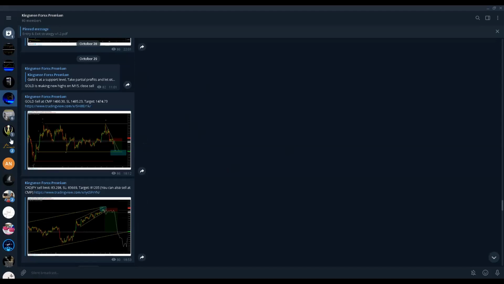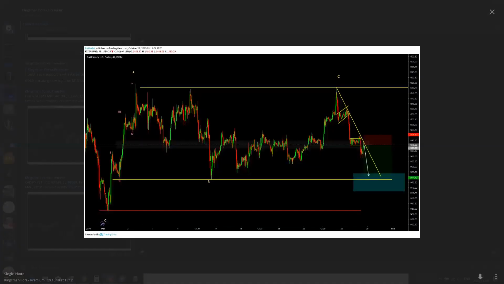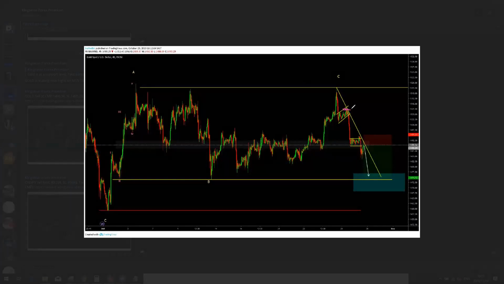We have already covered gold, and with this setup, we placed our first trade at this level. Then when price came back to make this correction, we tried to scale in. That is when we took a loss of 48 pips.